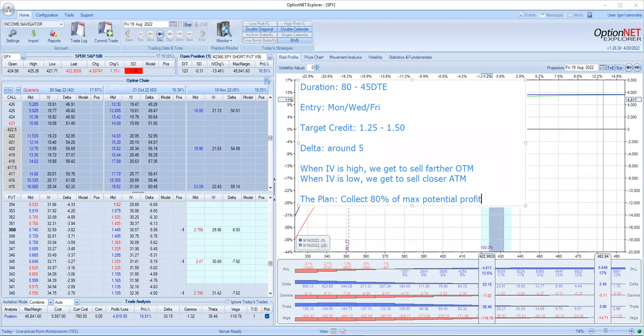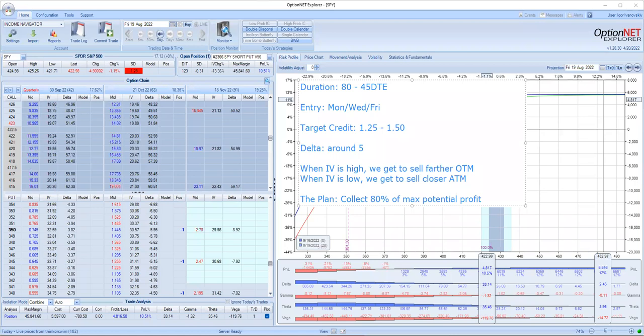That's number one, right? So if I'm selling something for, let's say, if I sold a put for $1.25, 80% of that is $1. So if I sold it for $1.25, I want to buy it back for about 25 cents.